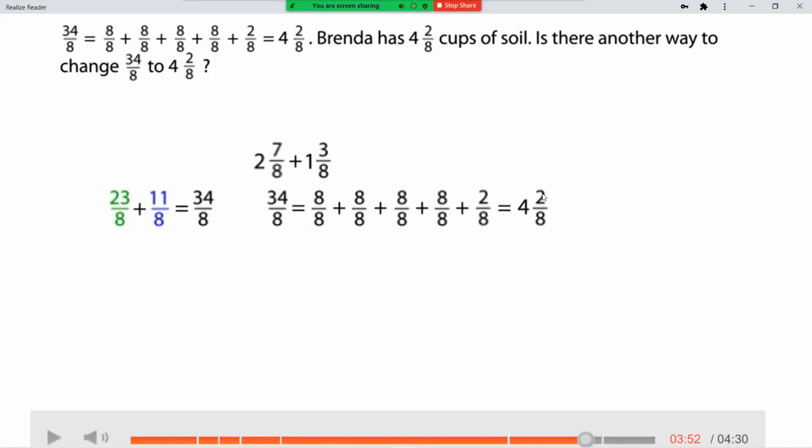So those 2 extra are going over here. So 8 goes into 34 4 times with 2 extra pieces left over. So you end up with 4 whole plus 2/8 remaining as your fraction part. Brenda has 4 and 2/8 cups of soil. Is there another way to change 34/8 to 4 and 2/8?